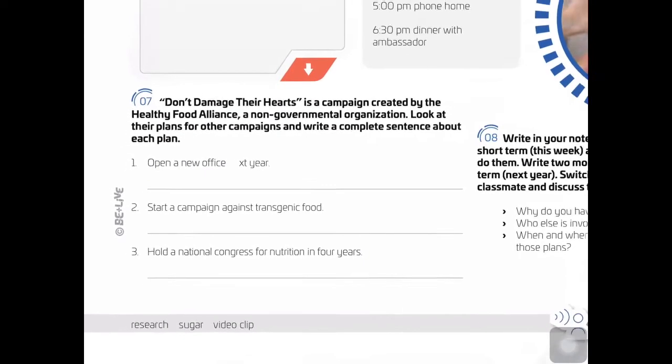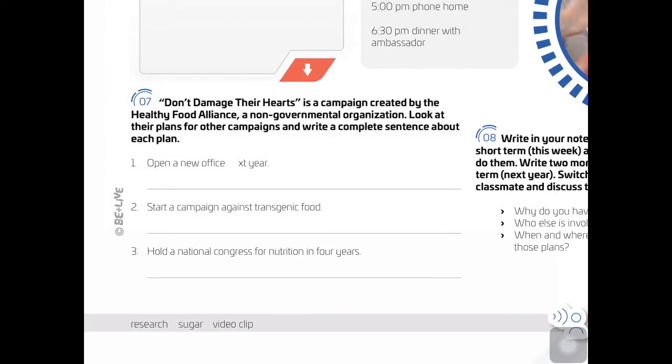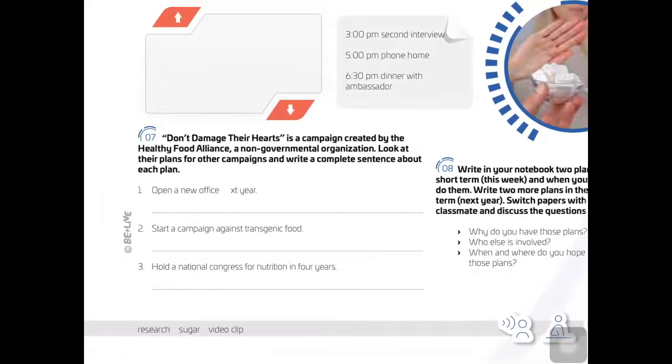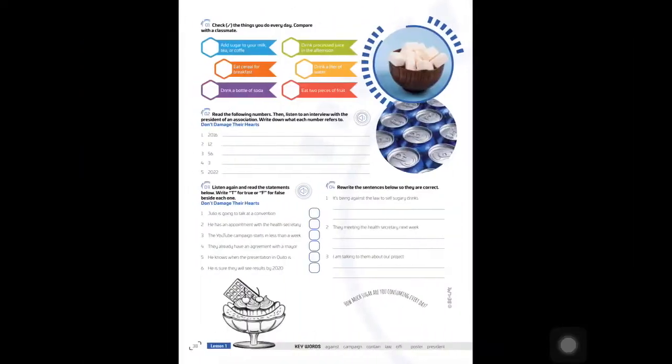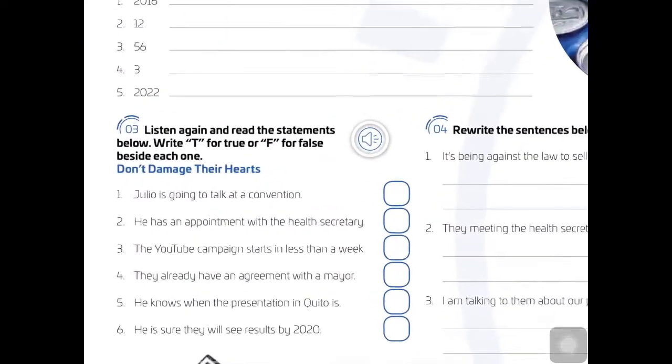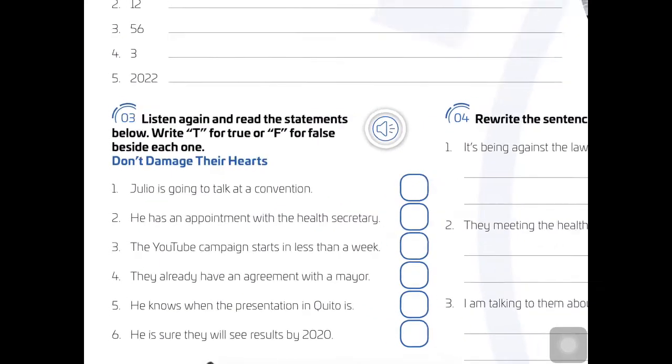Don't Damage Their Hearts is a campaign created by the Healthy Food Alliance, a non-governmental organization. Look at their plans for other campaigns and write a complete sentence about each plan. Okay, so according to the audio from page 38, look, exercise 3, Don't Damage Their Hearts.